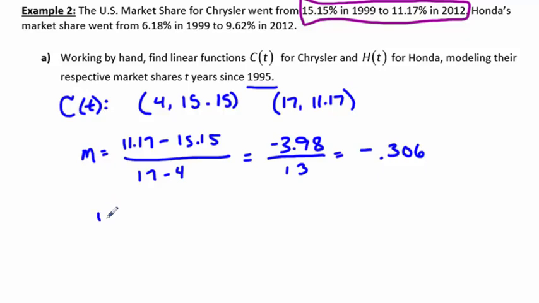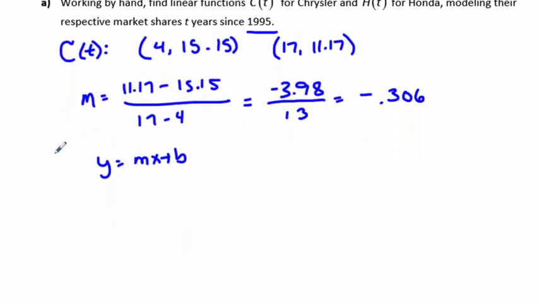We know that our equation is going to be of the form y equals mx plus b, and we've just found the value of m. So we'll take one of our ordered pairs and find the value of b. If I take the first ordered pair, I'm going to plug in 15.15 for y, negative 0.306 for m times the x value of 4, plus b.